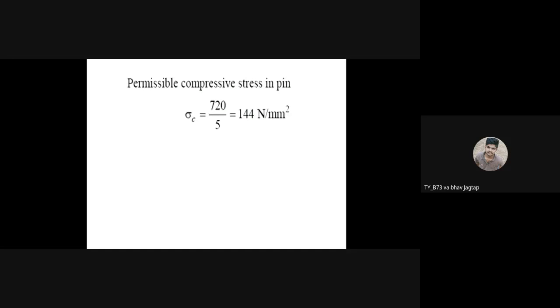So sigma c is equal to 720, the ultimate strength of that material, divided by factor of safety 5, and we take sigma c as 144 Newton per millimeter square. For the fork and eye, sigma c and sigma t are the same, 84 Newton per millimeter square, for compressive as well as tensile stress.